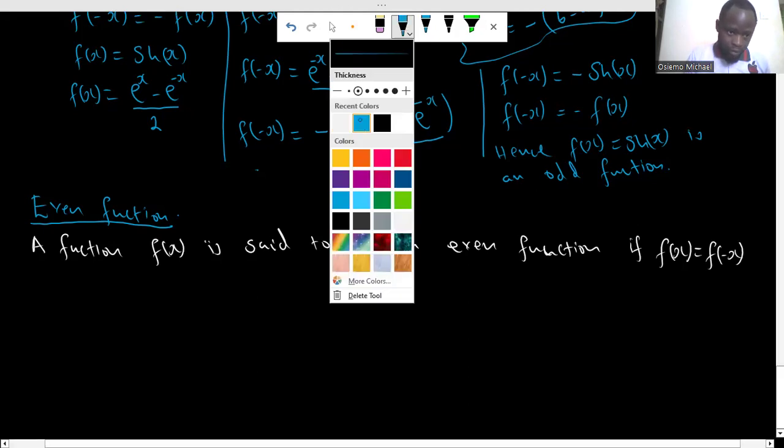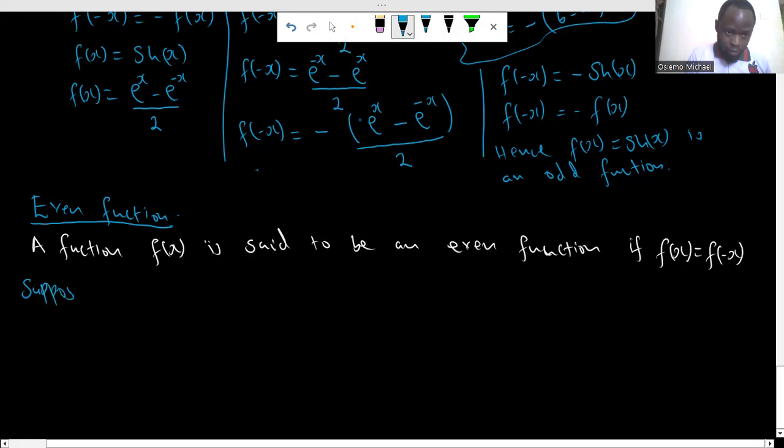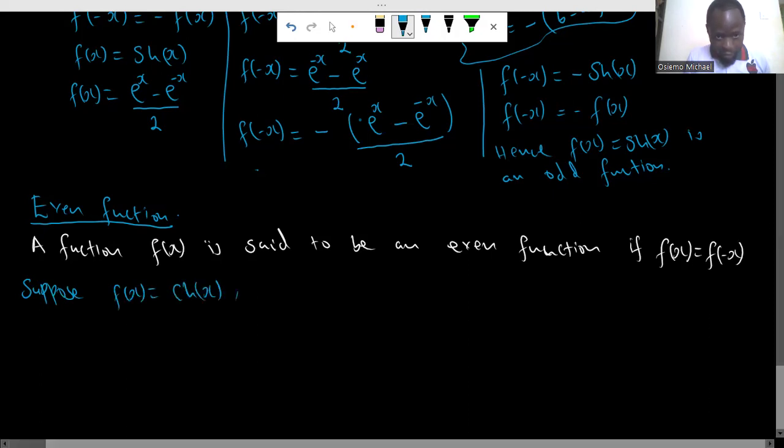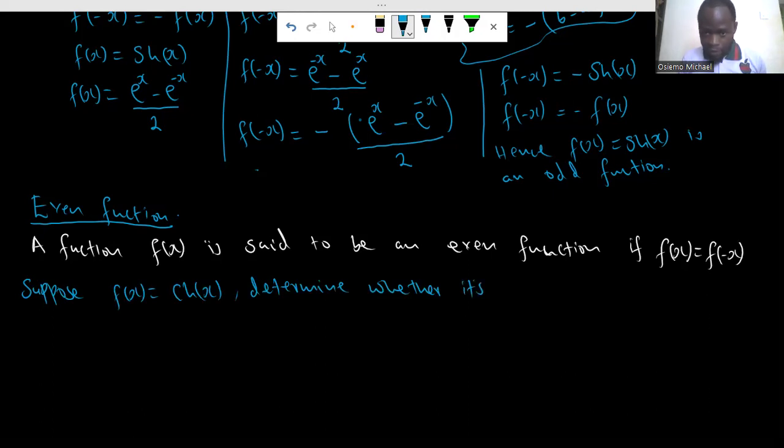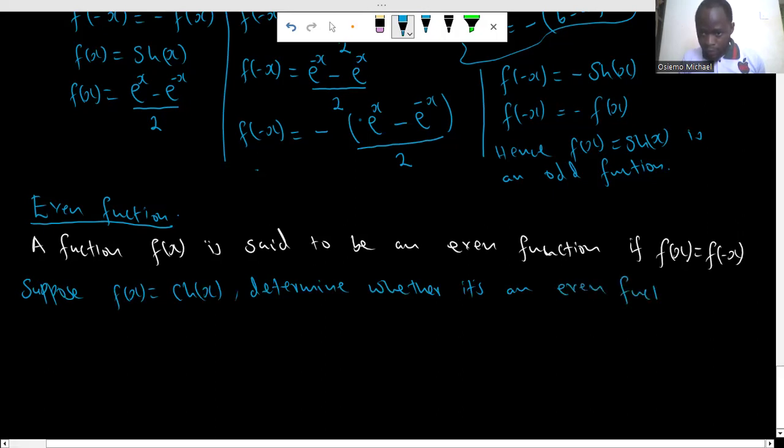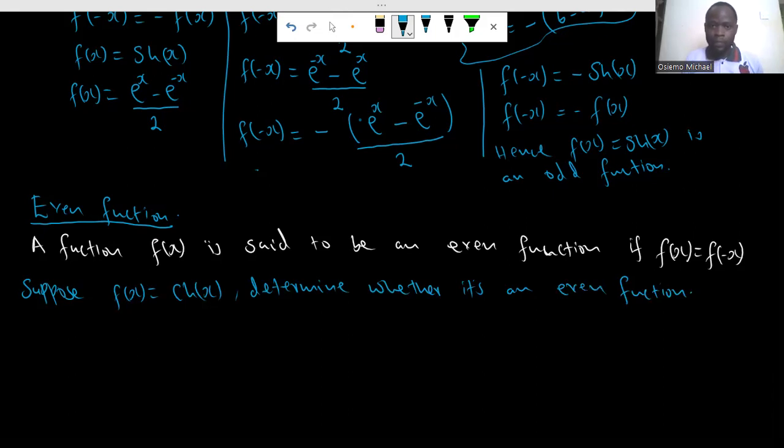Suppose f of x is equal to ch of x. Determine whether it's an even function. So let us do the solution for this.